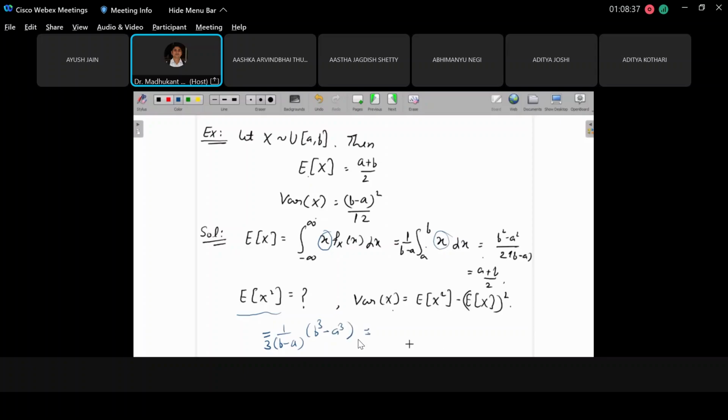Now you know how to factor: (b minus a) into (a square plus b square plus ab), divided by 3. And now you subtract the mean whole square, and then you verify that the variance of x is (b minus a) whole square by 12. So that you can do later on.